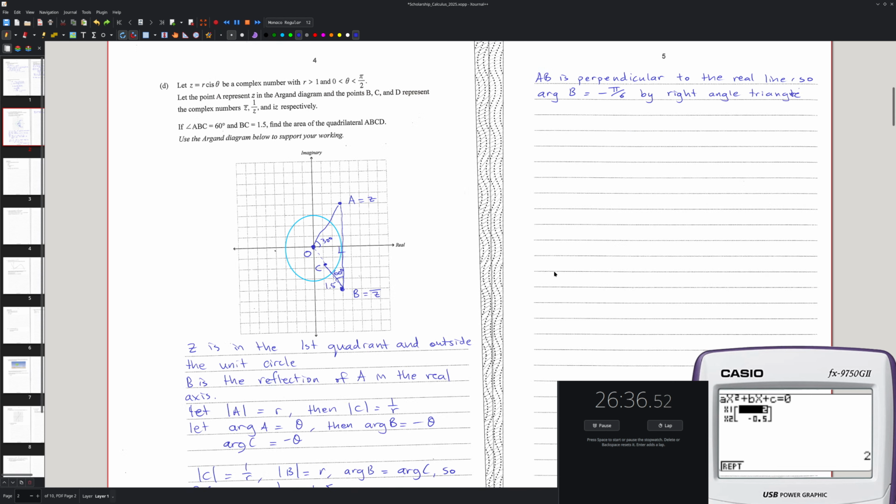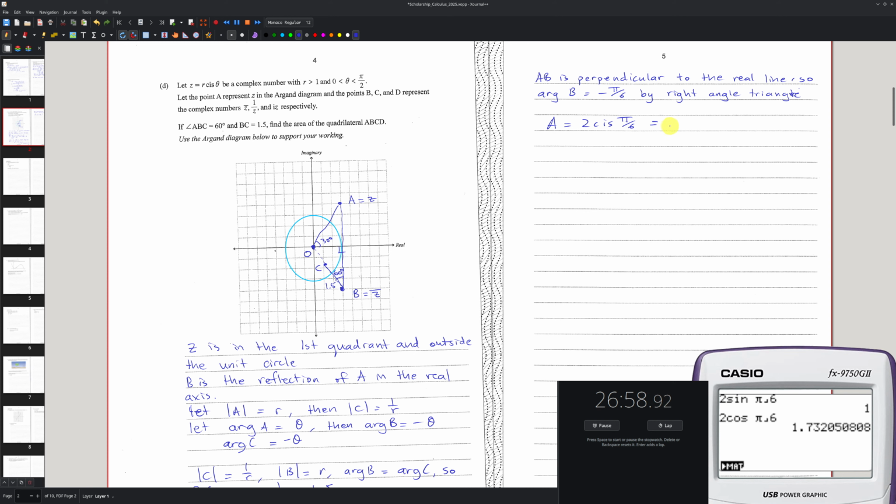If we quad bash now, I think, well, A equals 2 cis pi on 6, which is 2 sine pi on 6, 2 cos pi on 6.